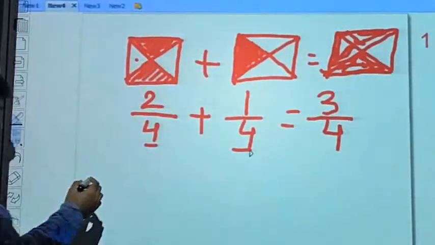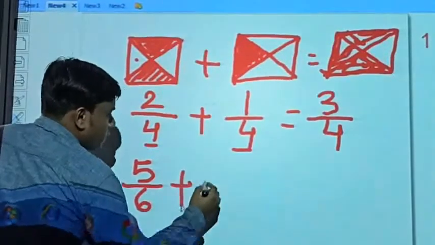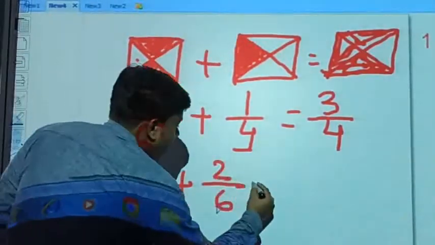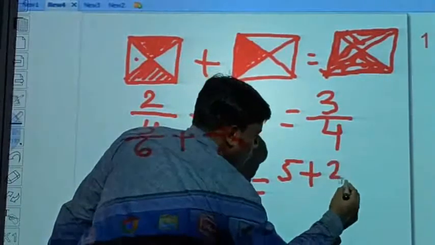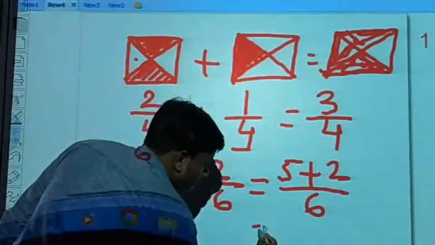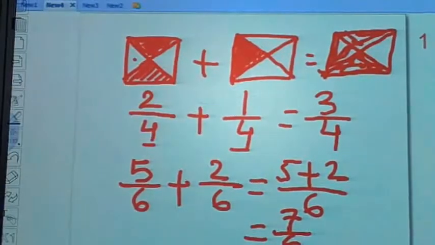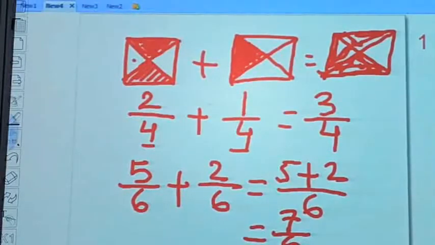For example, 5/6 plus 2/6, we just add the numerators, that means (5 plus 2)/6, 7/6. So this is the addition of like fractions.